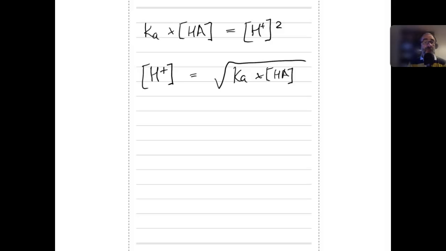And of course we have those values for Ka and the initial acid concentration HA. So we just put those numbers into the equation, do the calculation, and we come up with our hydrogen ion concentration, our proton concentration. And then you can just put that H+ ion concentration into the pH calculation that we just talked about a moment ago. And that's a simple calculation to come up with the pH.